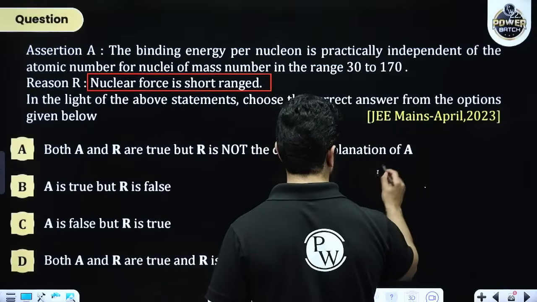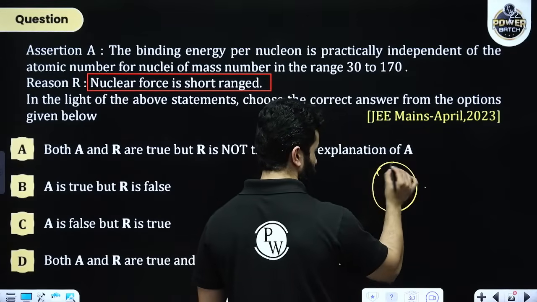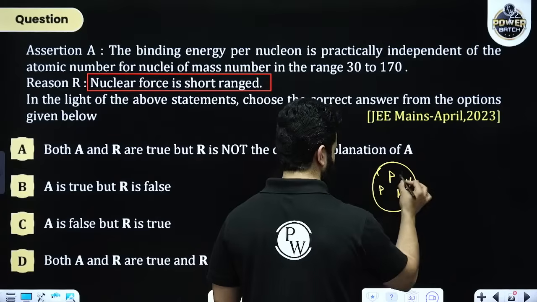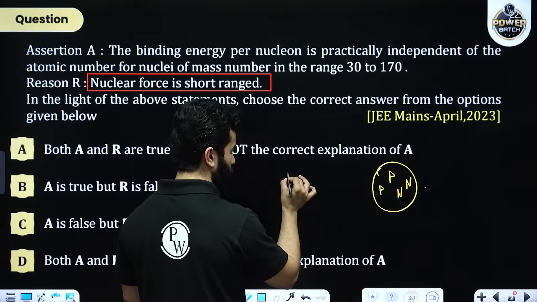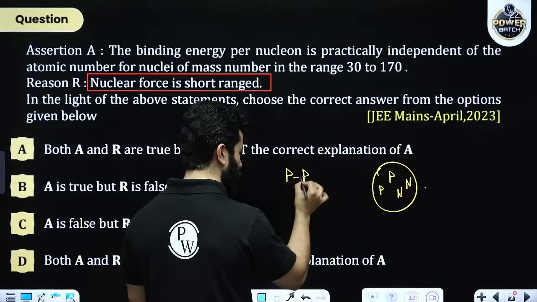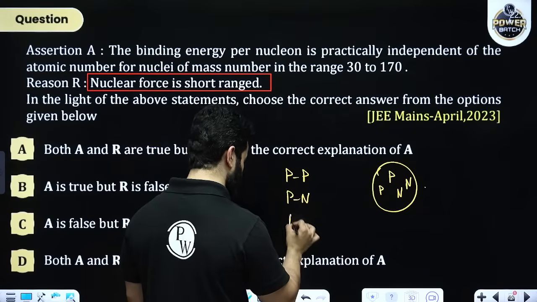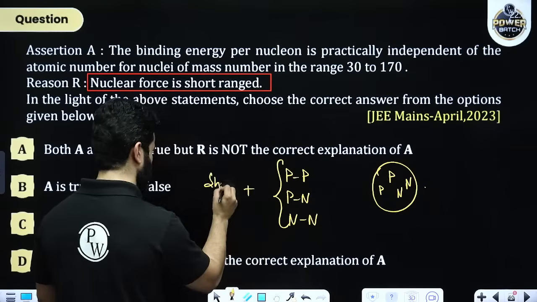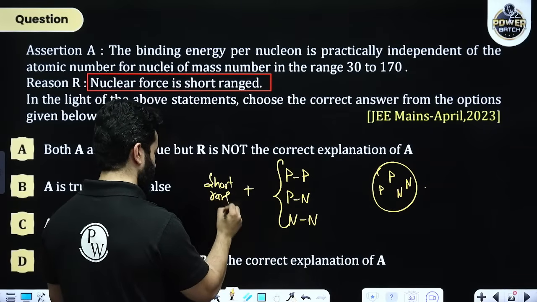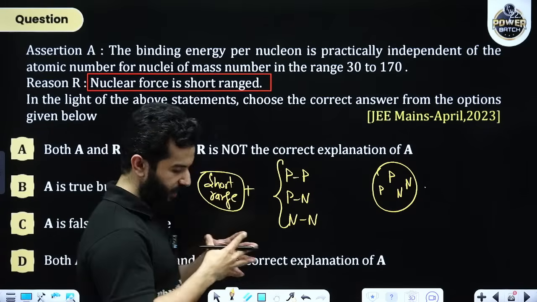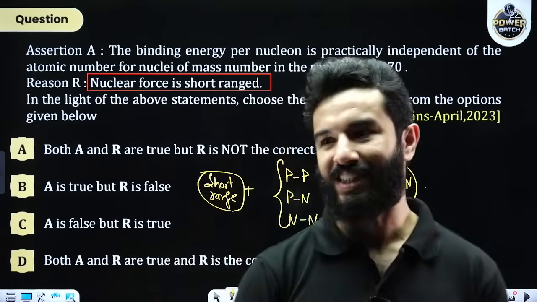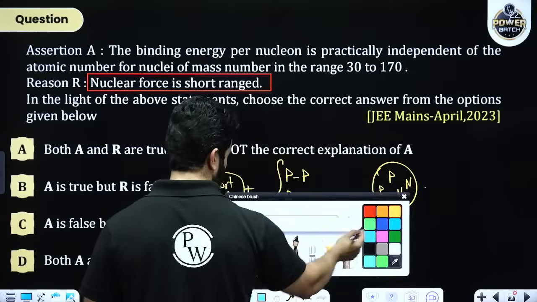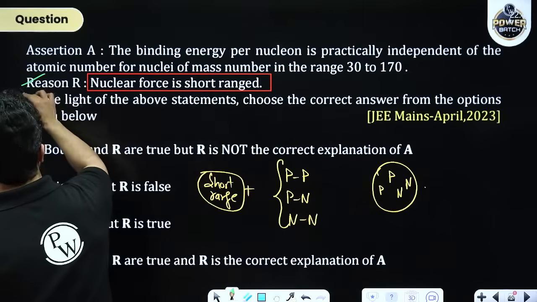Few properties about nuclear force. First of all, the force between proton-proton, proton-neutron and neutron-neutron remains the same. Second, it is a very, very short range force. If distance increases, it will fall drastically. So this reason is absolutely correct.